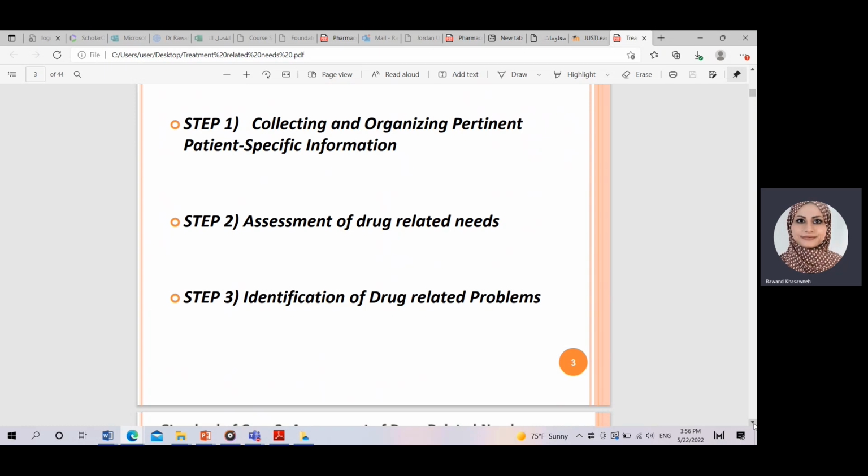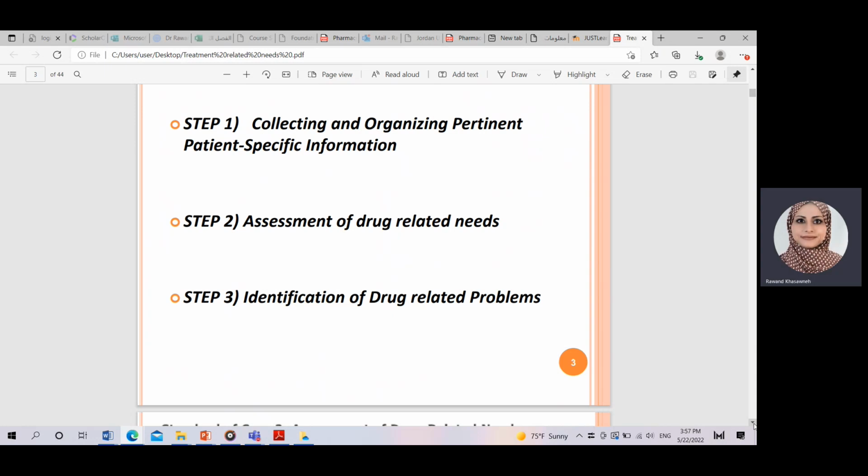Besides, we have to make sure that the patient is willing to voluntarily take the medication and to be compliant and adherent, in order to achieve the outcomes or objectives that we have from prescribing different medications.